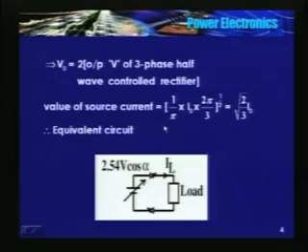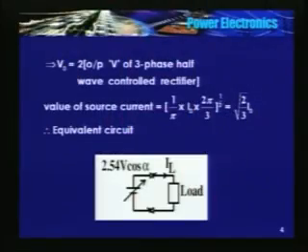So, if alpha is equal to 0, phase A supplies power from pi by 6 to 5 pi by 6 in the positive half, and in the negative half it is 210 degrees to 330 degrees. So, in each cycle, the power supplied by the source is of 120 degree duration.